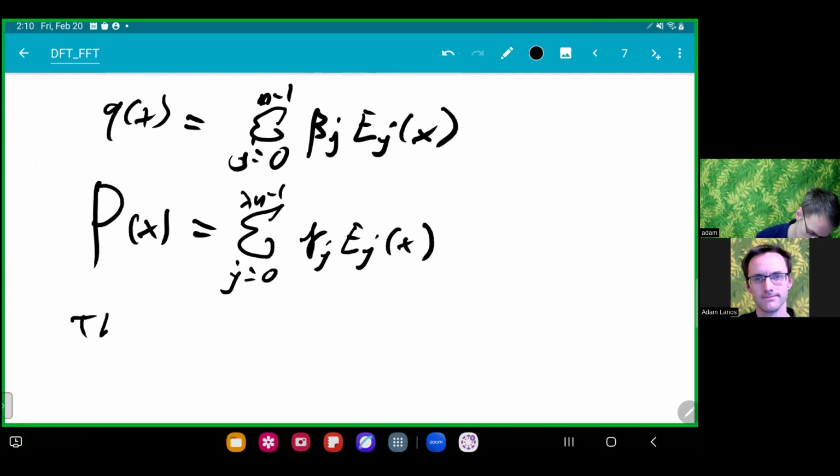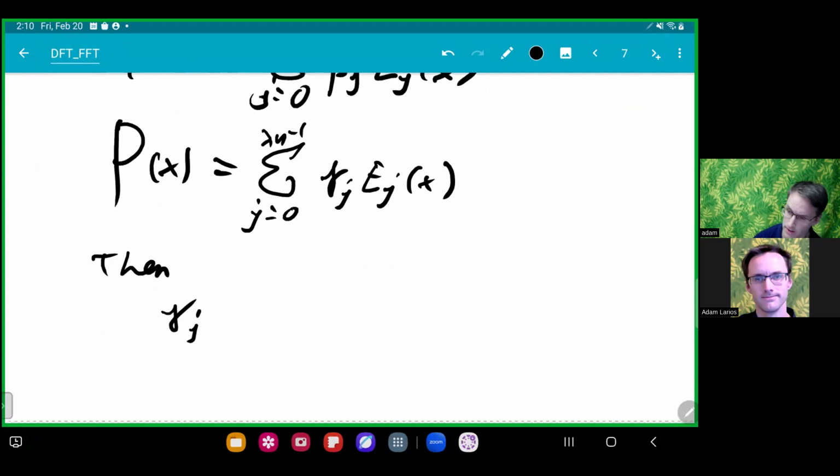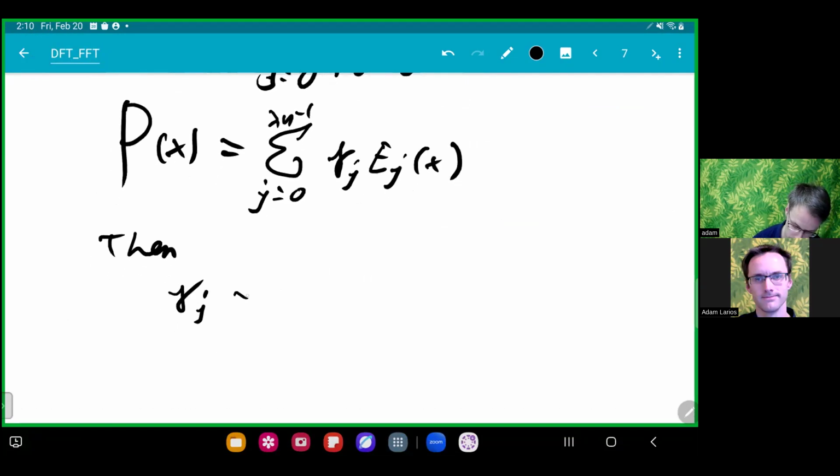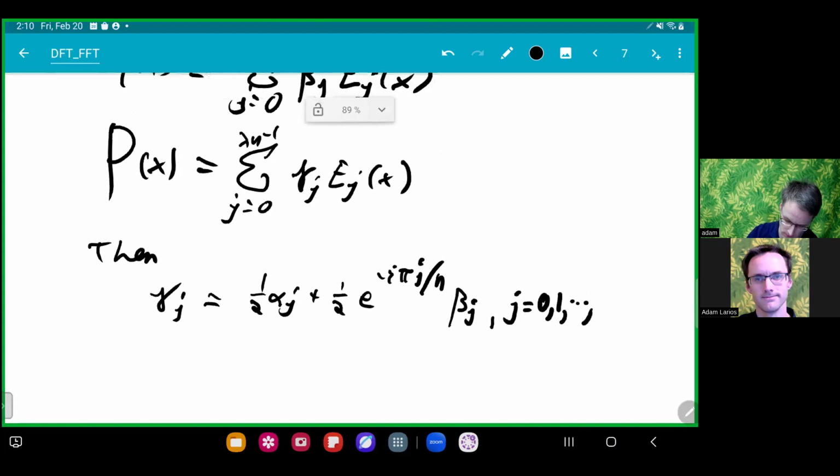Then we get the following recombination identity. So gamma j is 1/2 alpha j plus 1/2 e to the negative i pi j divided by n times beta j, where j goes from 0, 1 up through n minus 1. And so that's only half of them, right? So that takes half of these guys.